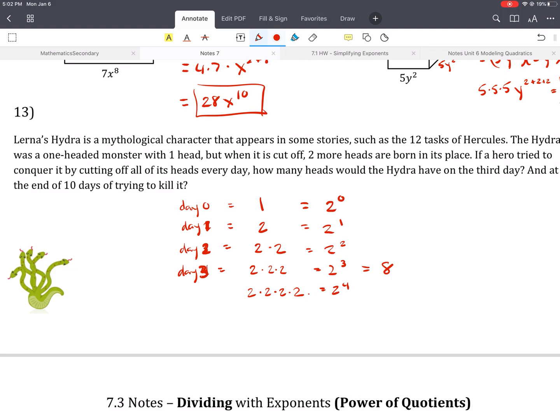Okay, and if we want to find on day 10 was the last one, rather than writing this all out and plugging into your calculator, we can reuse the same formula. So we'd have 2 to the 10 heads. Plug that into your calculator to get 1,024 heads. Okay.